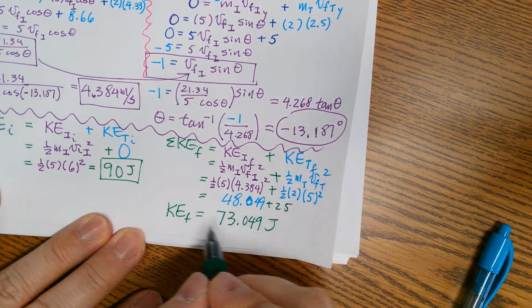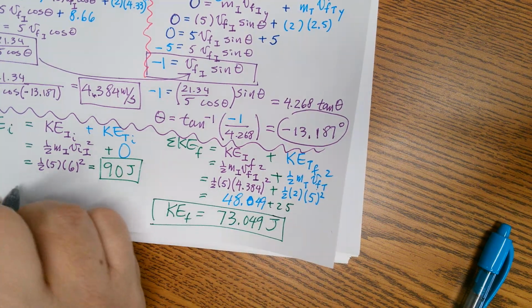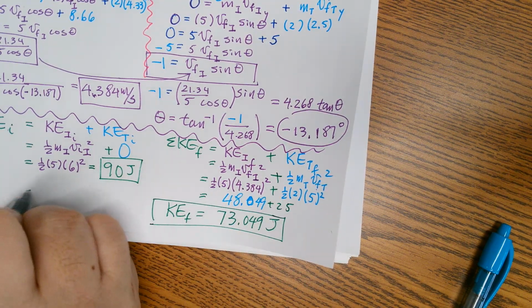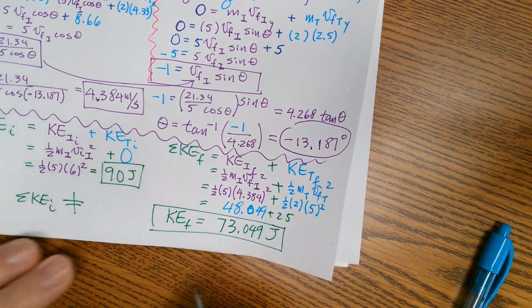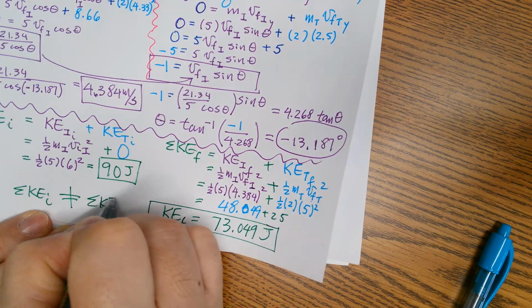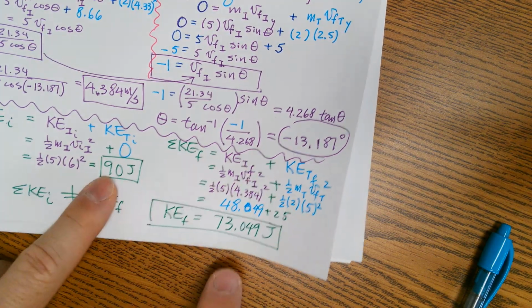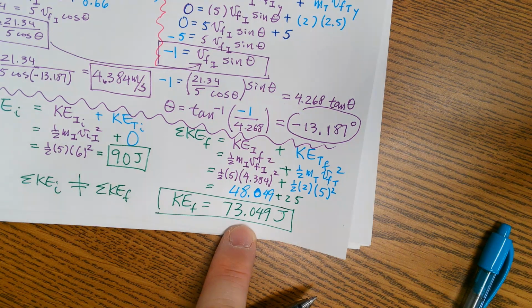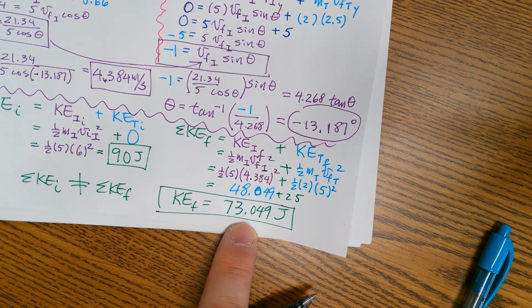So, is my kinetic energy conserved? My sum of all kinetic energy initial does not equal my sum of all kinetic energy final. As a matter of fact, I lost some kinetic energy because I started with 90 joules and now I only have 73.049 joules.